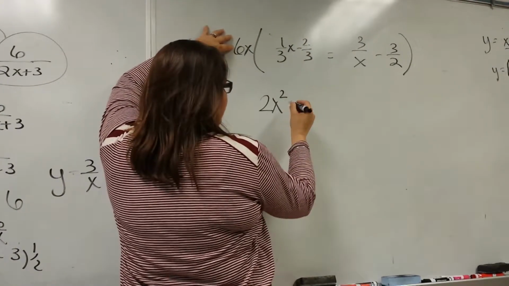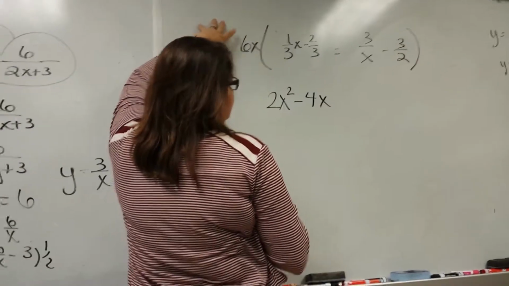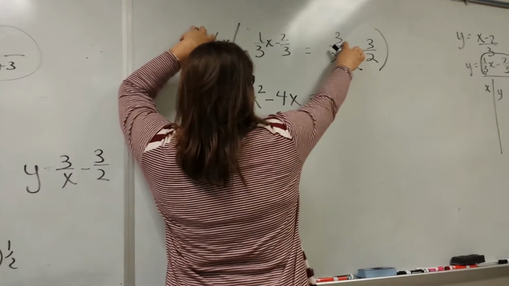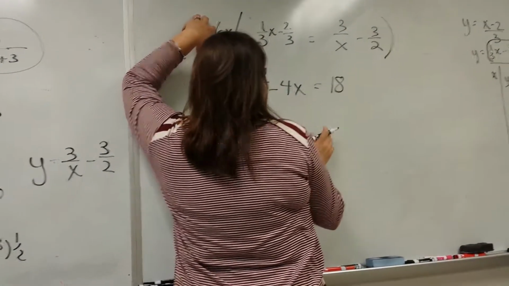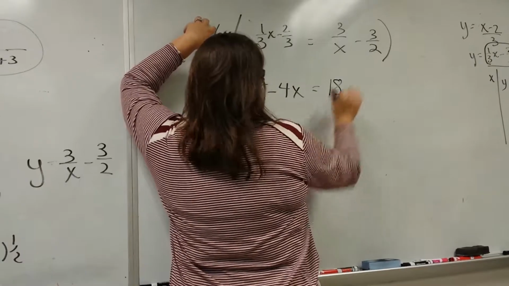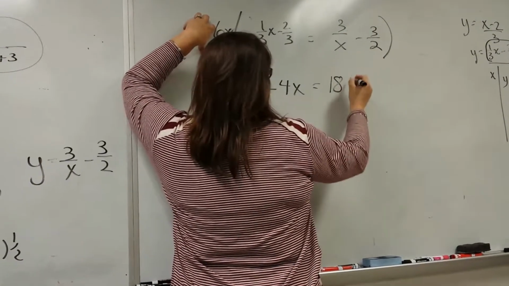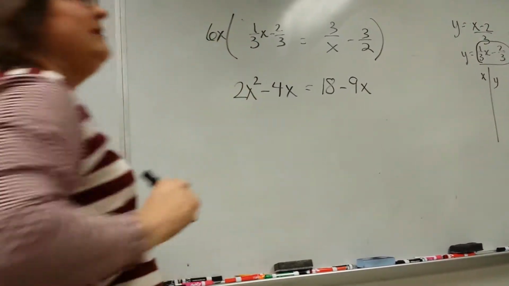What's 12/3? 4, and then there's an x that tagged along. And then here we've got 18x over that, so really 18. The x's cancel. And over here, we've got 18 divided by 2, so minus 9, and the x is still there. That's easy to work with.